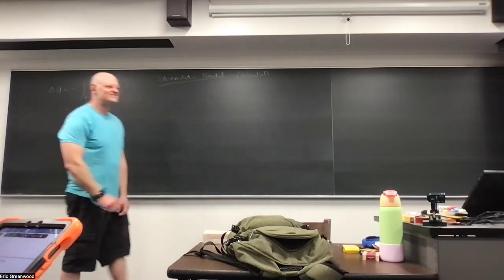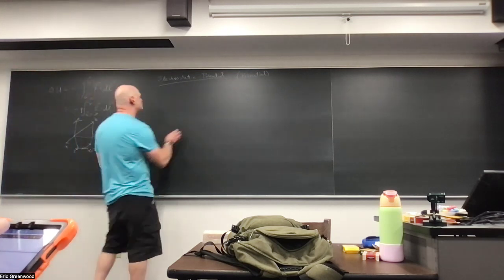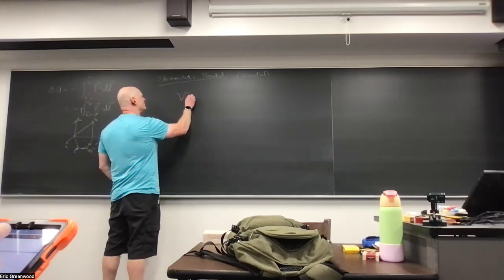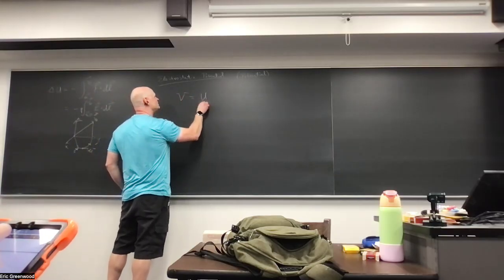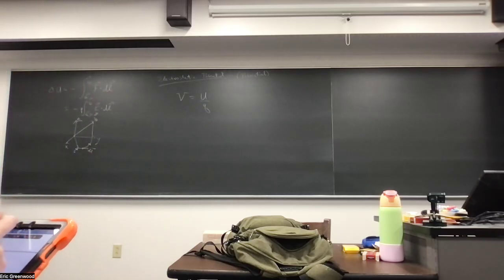I have to be a little bit careful with my terminology. A lot of times I call potential energy just potential, but we have to be careful with that. Electrostatic potential is defined as the potential energy per unit charge.